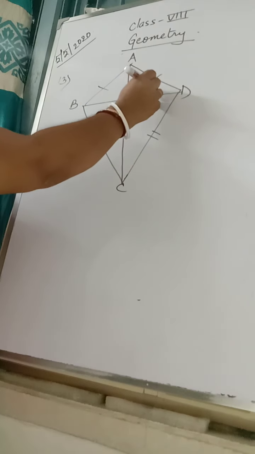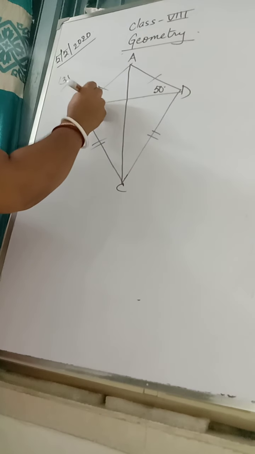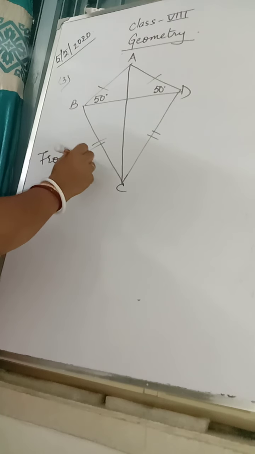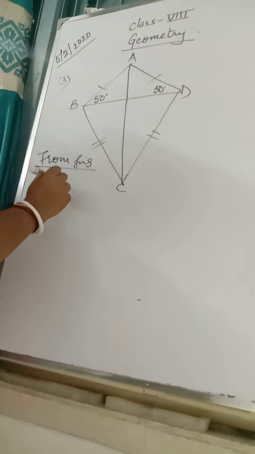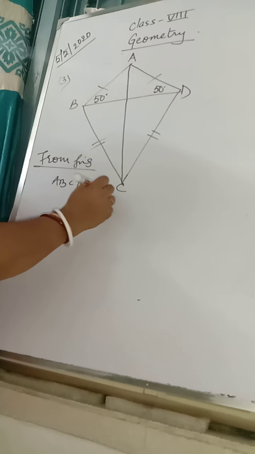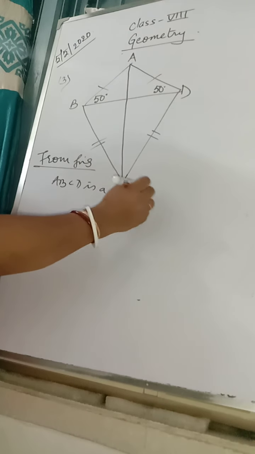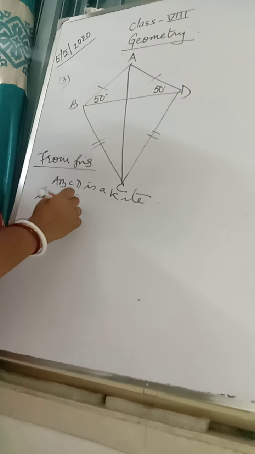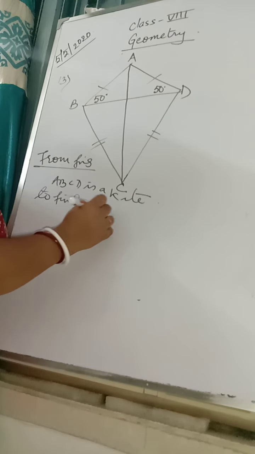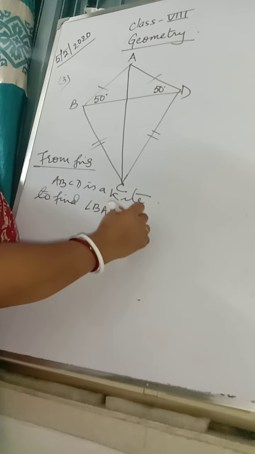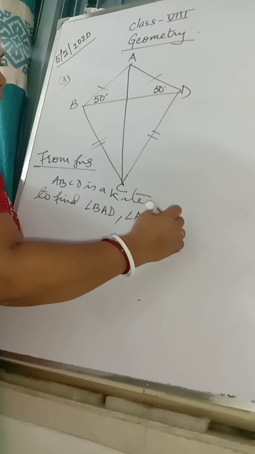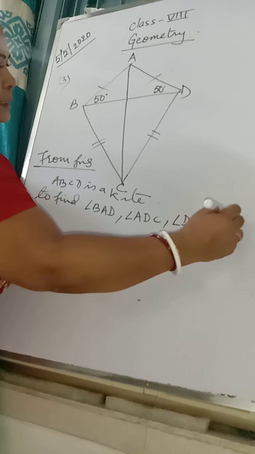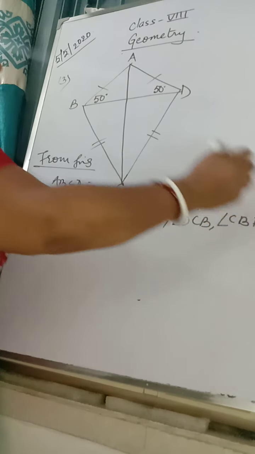This is given 50 degrees. Clear? So this would be 50 from the figure. ABCD is a kite. Clear? To find angle BAD, angle ADC, angle DCB, angle CBA. Done.